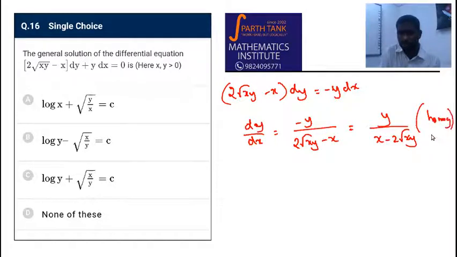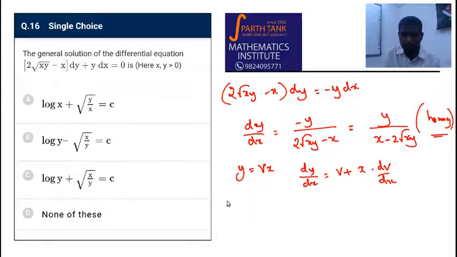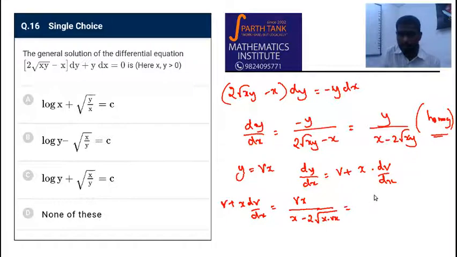Homogeneous function, right? So I can take y is equal to vx, and the standard technique, no, dy by dx is v plus x into dv by dx, and substituting this here I get v plus x into dv by dx is y is vx by x is x minus 2 times x into vx.